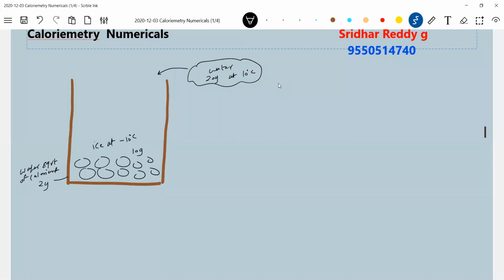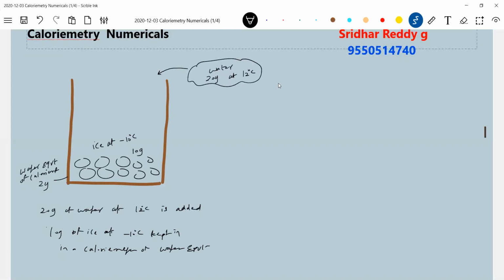Now, what should happen to this? Let me write the question: 20 grams of water at 12 degrees Celsius is added to 10 grams of ice at minus 10 degrees Celsius kept in a calorimeter of water equivalent 2 gram.